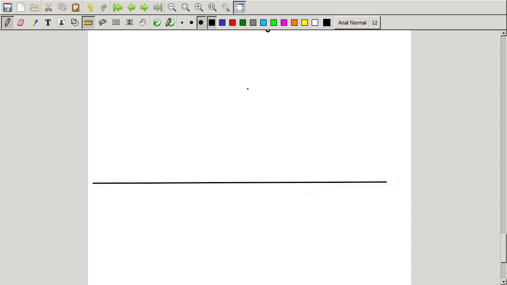This is the x-axis. This is the y-axis. This is the y, this is the x.